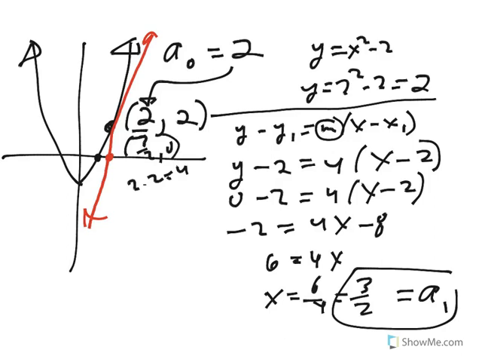So I now have a better guess. It's 1.5. It's closer to the square root. But now I can do the process again by using this new guess and moving upward to find the point on the parabola whose x-coordinate is this new value.